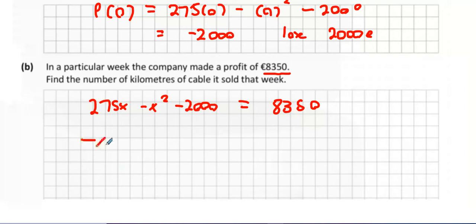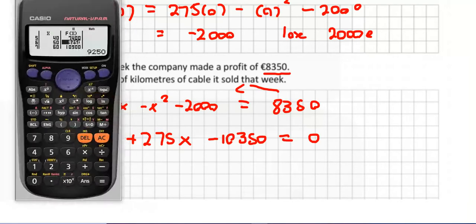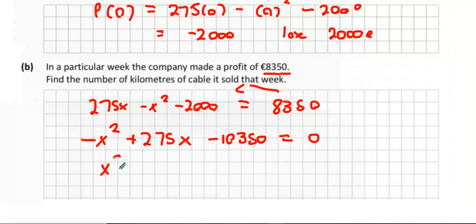Now we do minus x squared plus 275x, and then bring that over to the other side, and we get minus 10,350. Just purely because minus 2,000 minus 8,350 is that amount. All right, now we're going to multiply both sides by minus 1, and now we're going to have to use the minus b formula.